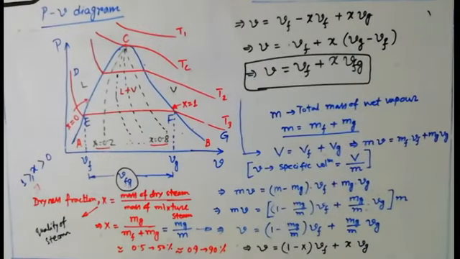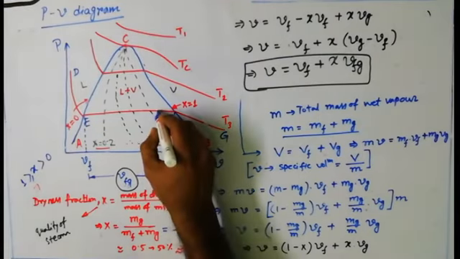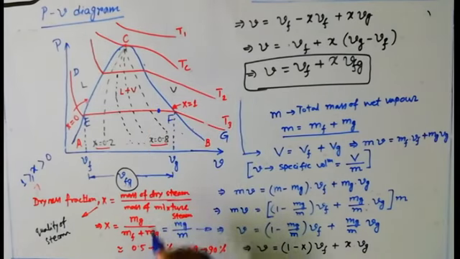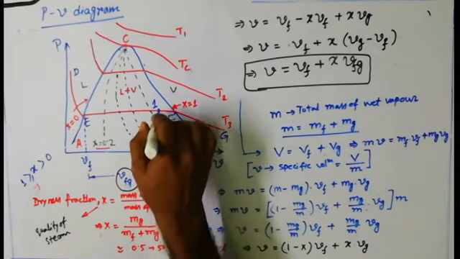That formula should be kept in your mind. If you try to find the specific volume of any wet steam, suppose for your experimental data, your steam is residing at this location, I can name it 1. Your steam is located at this point.